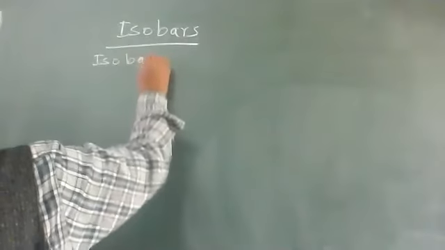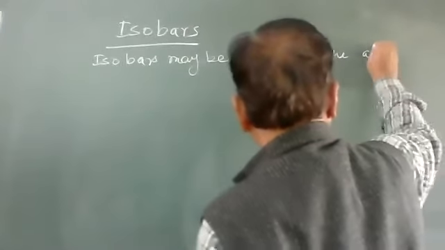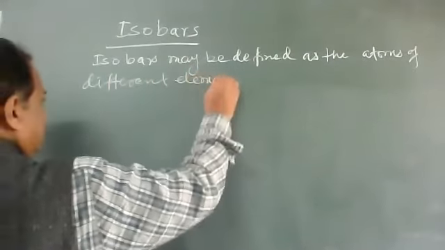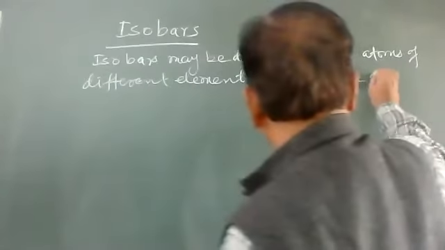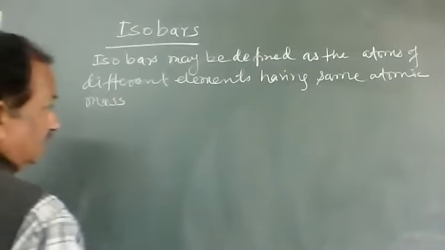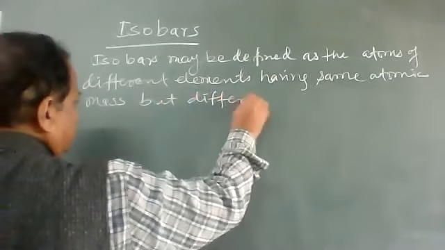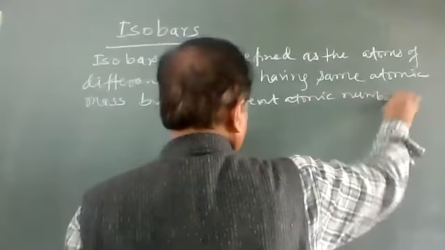Isobars may be defined as atoms of different elements having the same atomic mass, atomic weight, but different atomic numbers.